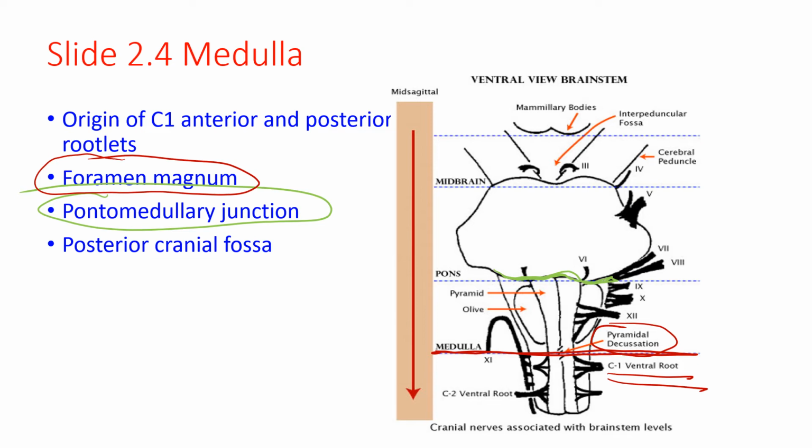Because of the concept of the spinal cord neurotome, we can then use the C1 nerve as a very distinct boundary. The medulla will be found in the posterior cranial fossa of the skull.